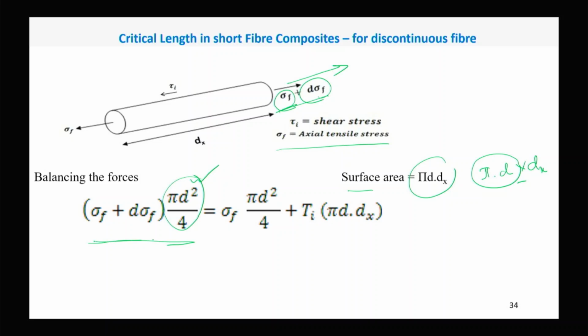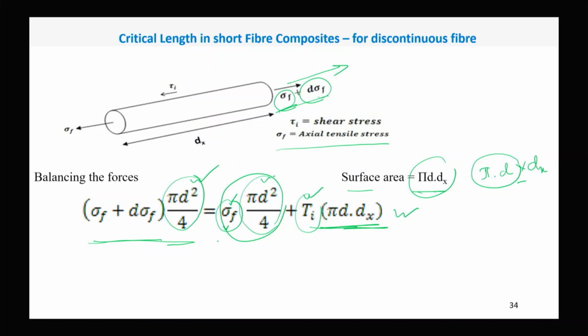So that force is restrained by the composite by tau I, the cohesion force per unit surface area, multiplied by the surface. This is the restraint force, and here is the sigma f force on the fiber multiplied by this area.